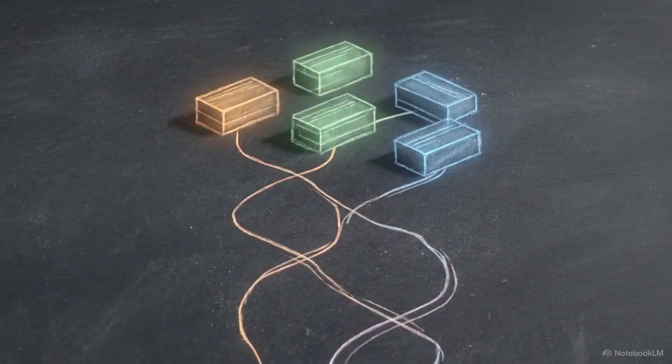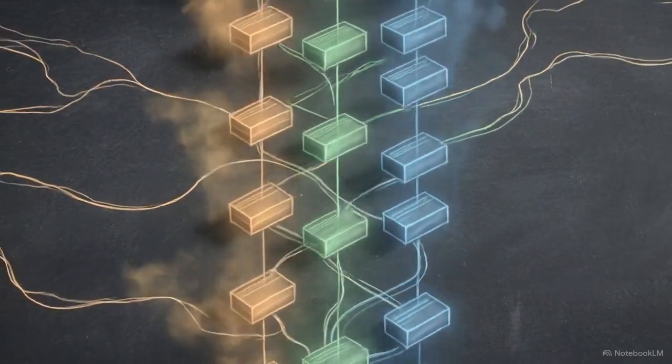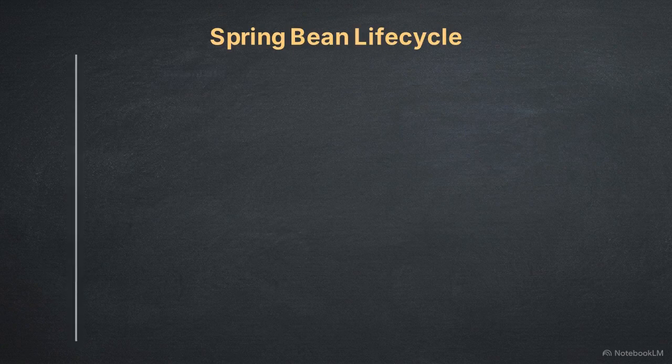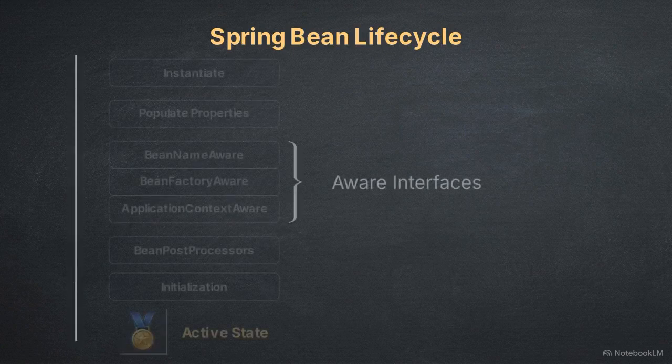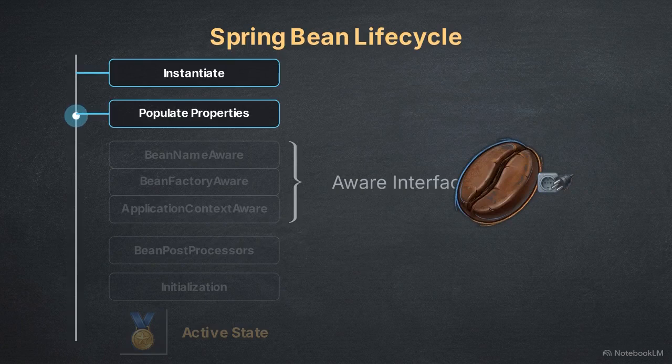While annotation-driven development feels like magic, it is actually governed by a strictly controlled sequence of runtime events. This flowchart maps the precise timeline of a bean's experiences, from the moment the container discovers it to the moment it is ready for use. The container begins by instantiating the class and immediately populates its properties via dependency injection. The object then enters the aware phase.